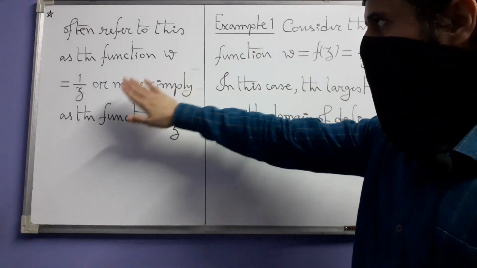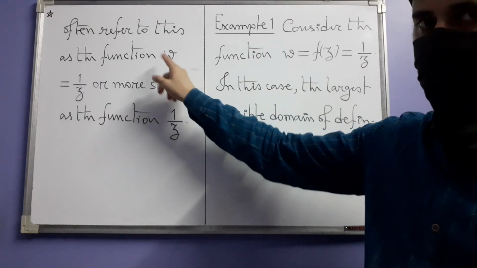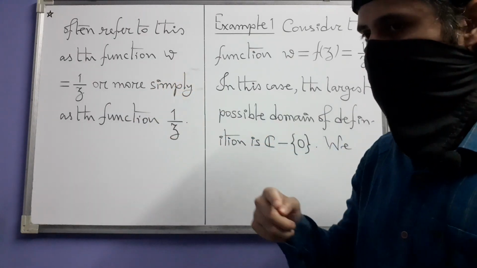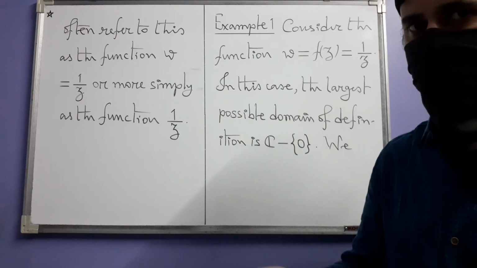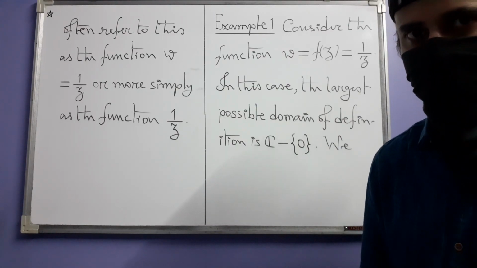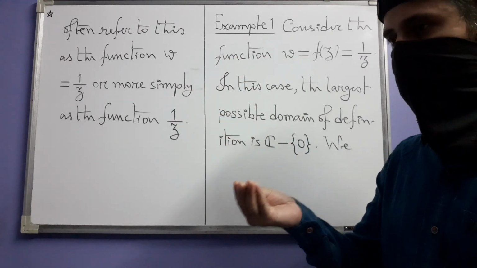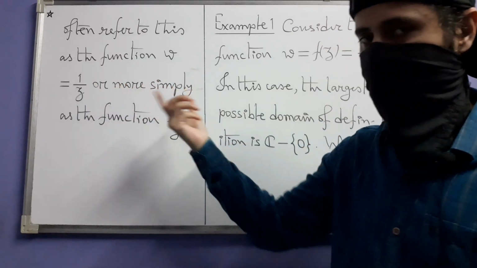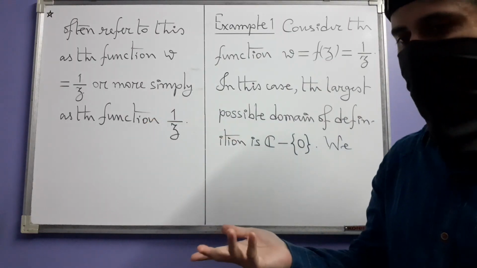This is the common practice, where you show what the dependent variable is on the left hand side, and on the right hand side you have a formula involving the independent variable. So that's how a function is normally given in complex analysis. And along with such a formula, if you want to specify the domain, then after the formula you write comma and then you write what the domain is, which usually comes in the form of some inequalities.